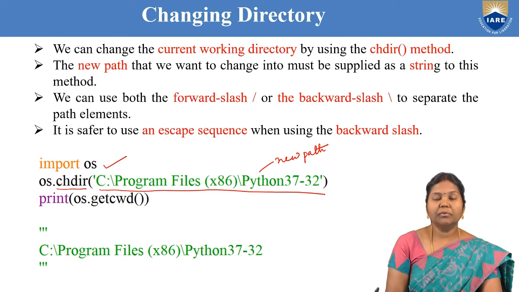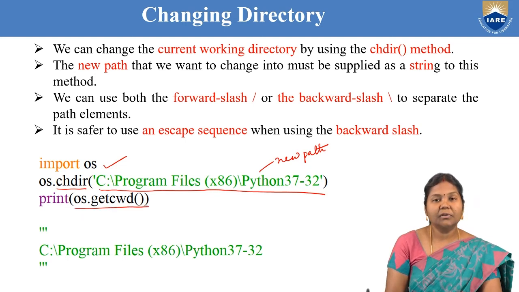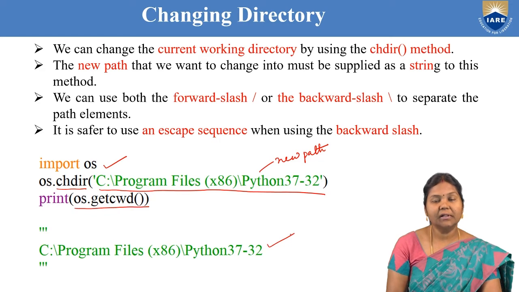So, your current working directory will be changed to this path. Now, if you want to check whether it has changed or not, you can use the getcwd command. When you use getcwd, you will see your latest current working directory, which you have changed now. This way you can see the output.